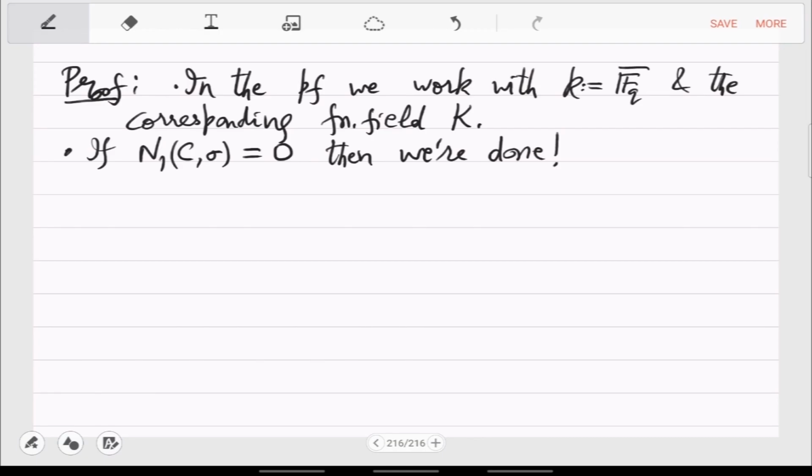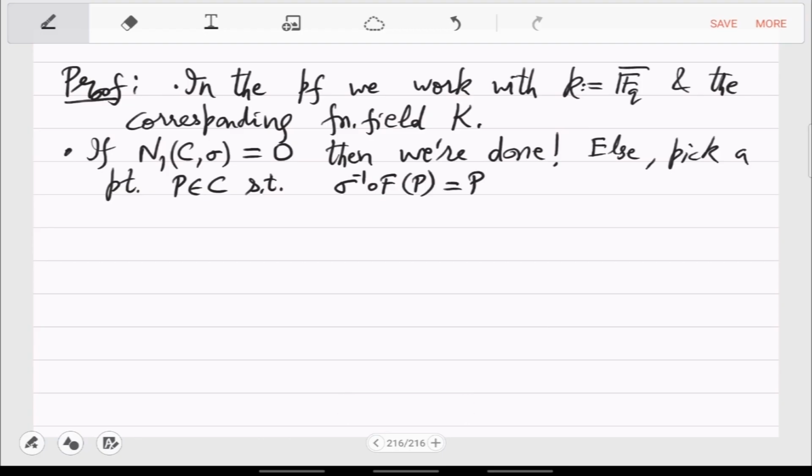Else there is a point which is fixed by sigma inverse F, such that sigma inverse F on P is equal to P. Sorry, you don't know, sure.